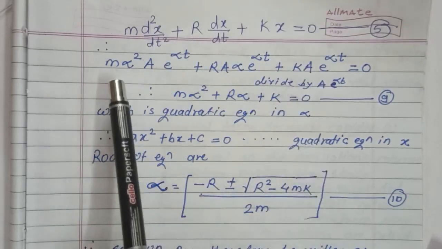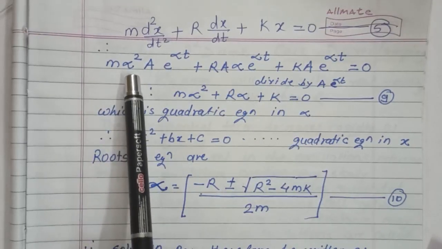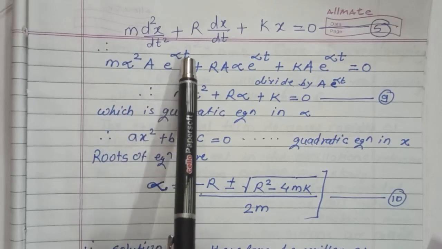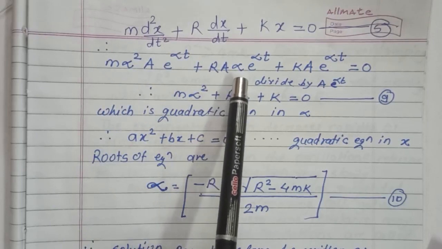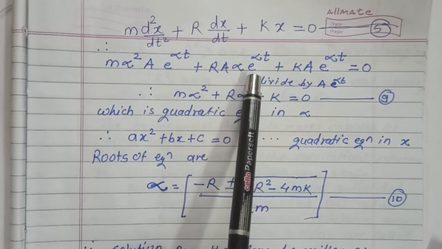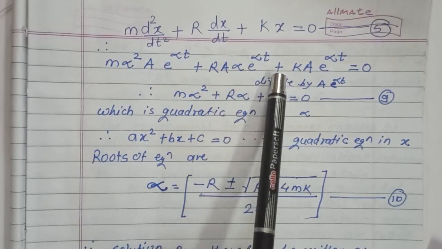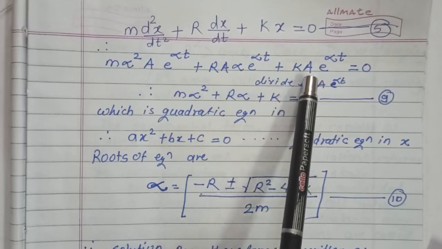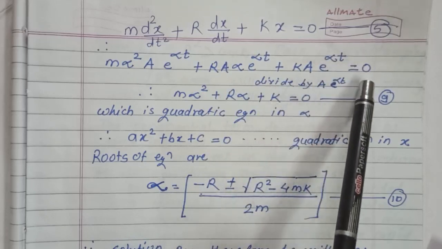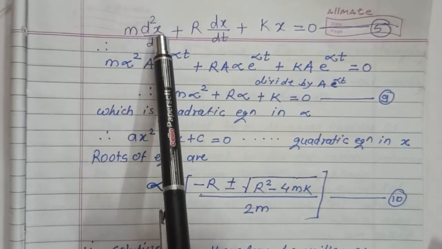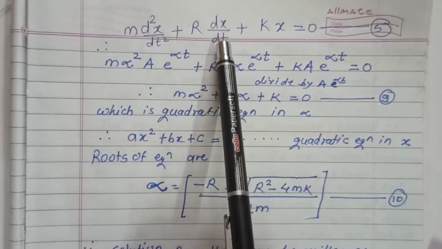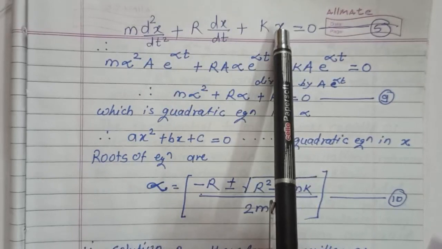Then we get m into alpha square into a e raised to alpha t plus R into a into alpha into e raised to alpha t plus k into a into e raised to alpha t is equal to 0. Here we put the value of the second derivative, the value of the first derivative and the value of x.